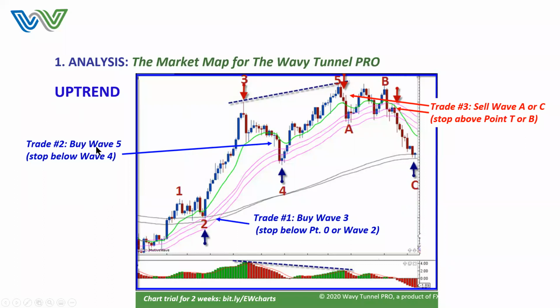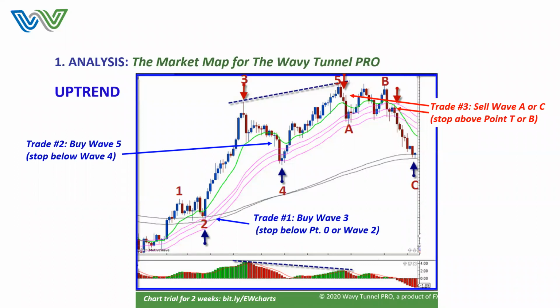Your second trade is to buy the wave 5. So you leave your stop below the wave 4. Now this can be very choppy, this wave 4. It can be any type of correction. It can be a steep correction. It can be a sideways correction. It can be a bit of a complex correction. You can have a triangle during the wave 4.